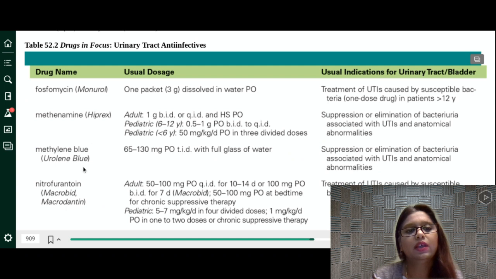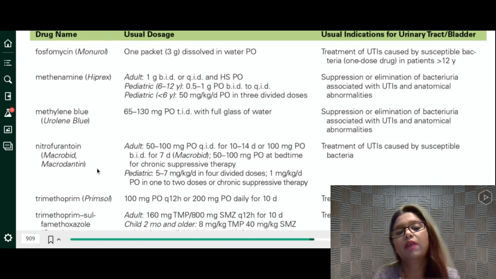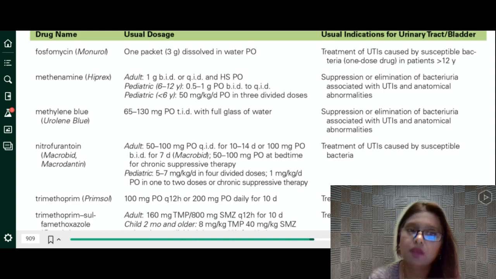If I'm going to give my patient, I don't know whether you have ever administered some kind of medication for urinary tract infections, which are very, very common in our patient population. Macrobid is a very commonly used medication for UTI, 50 to 100 milligrams for the adult population.